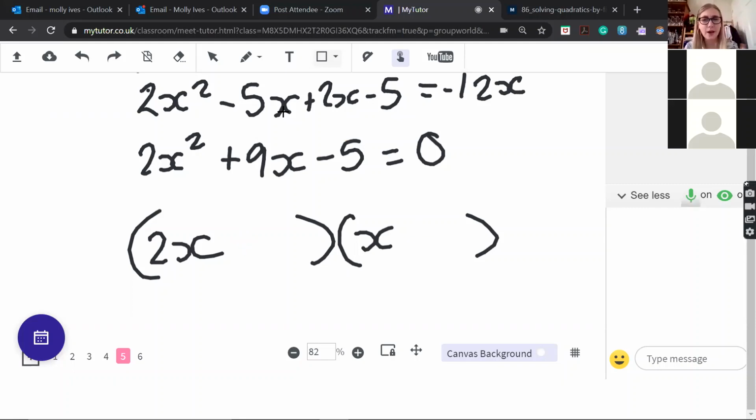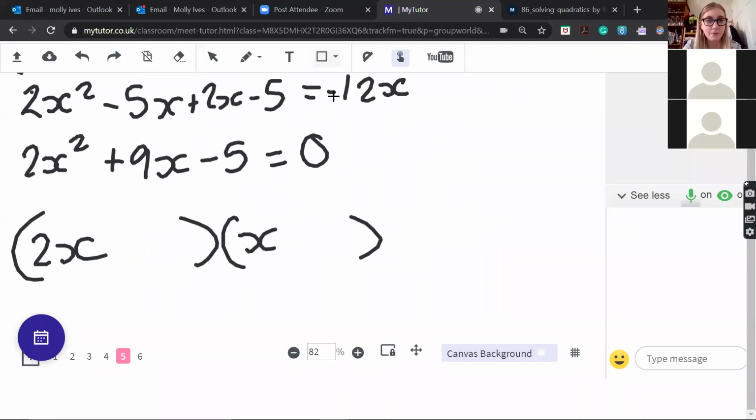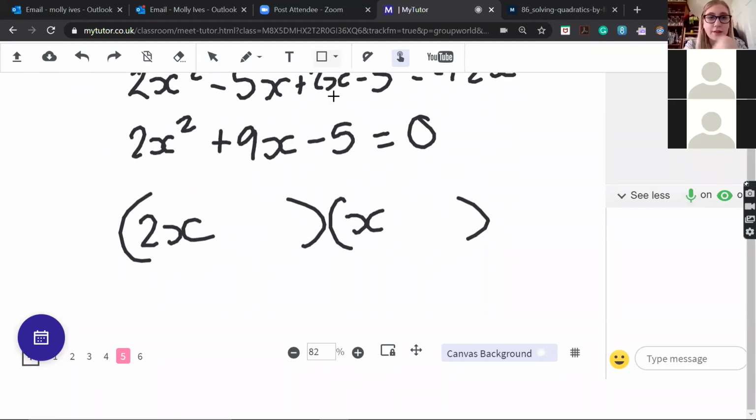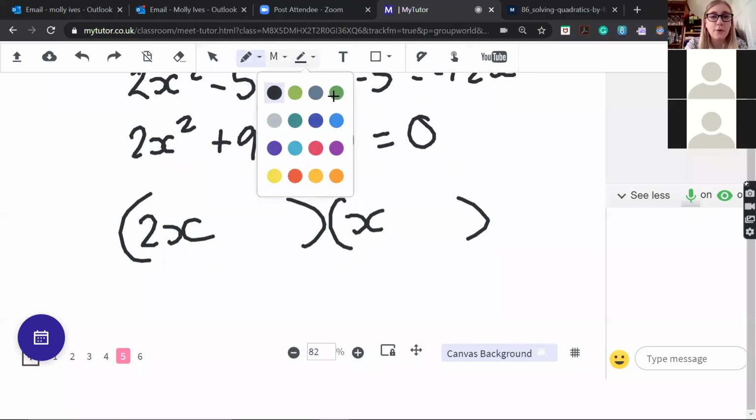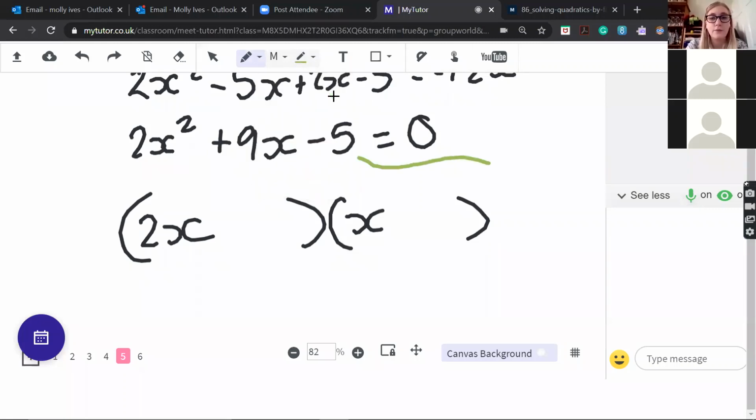So it's a bit tricky. We can't put in our sign straight away, which is what we like to do. But we're going to continue the same way. We'll think about what multiplies to make 5, which, lucky for us, is just 1 and 5. So we know our numbers are 1 and 5, and our signs are plus and minus. So we've got a few options that we can try.